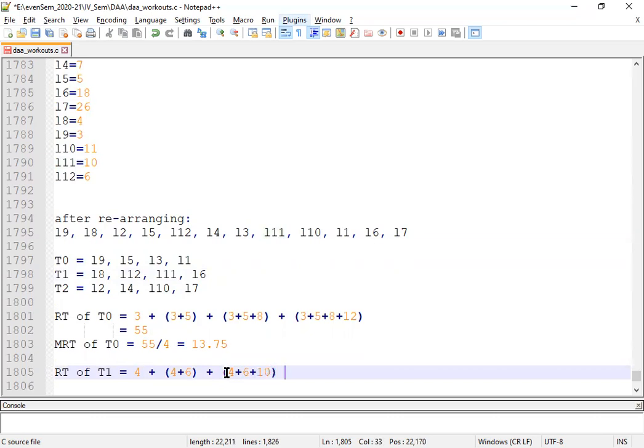Then the last one, retrieval time of the last one, that is L6. L6 is 18, but we need to have the previous values, 4 plus 6 plus 10 plus L6. L6 is 18. So let's add all these values.